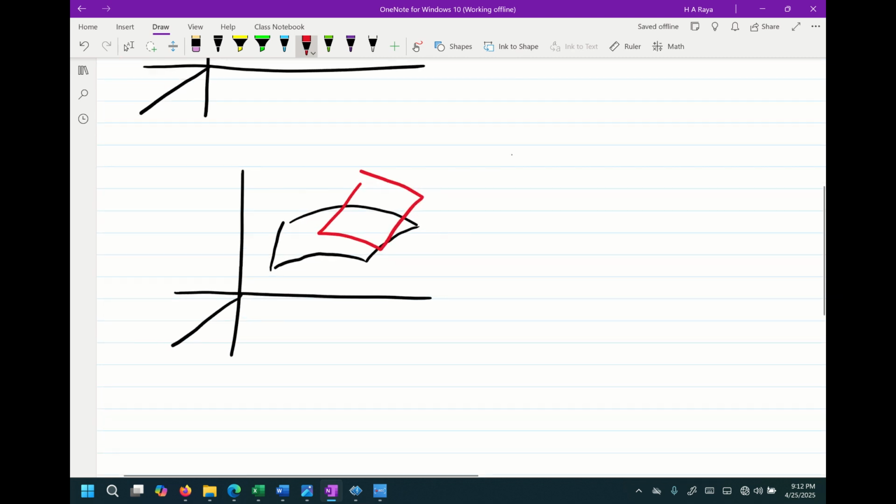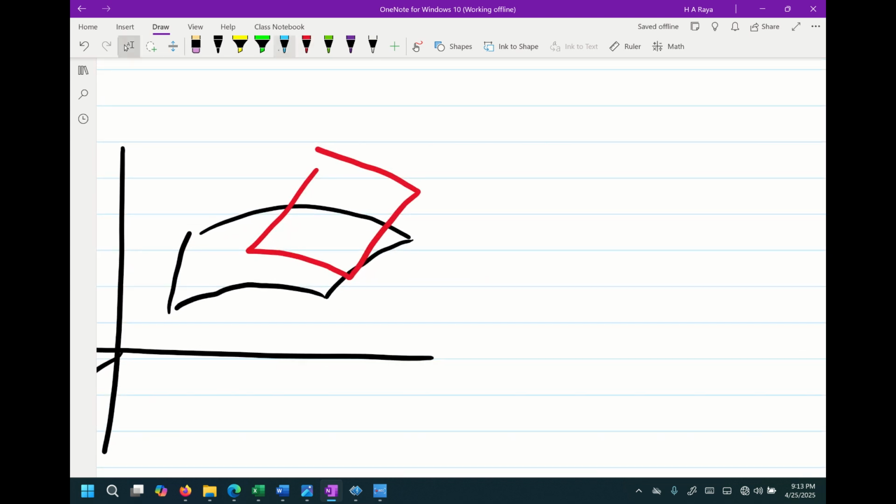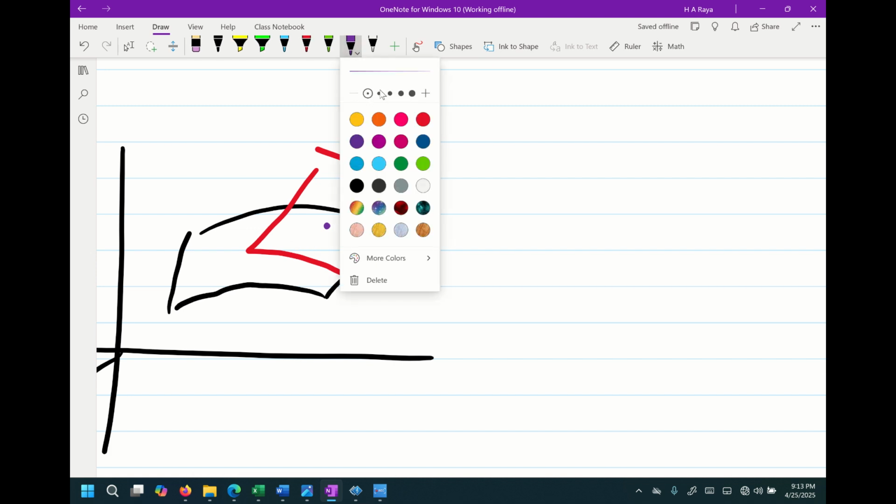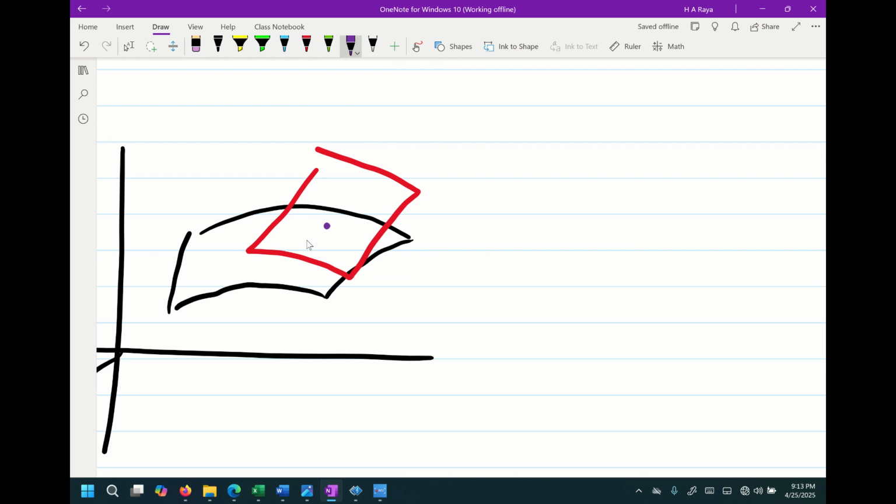by looking at the point that's on the plane. So that purple point has coordinates x naught, y naught, z naught. And then a point that lives on that plane.